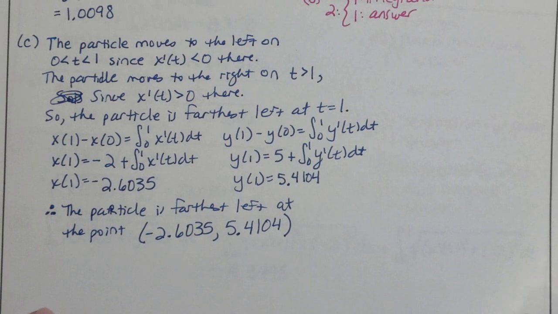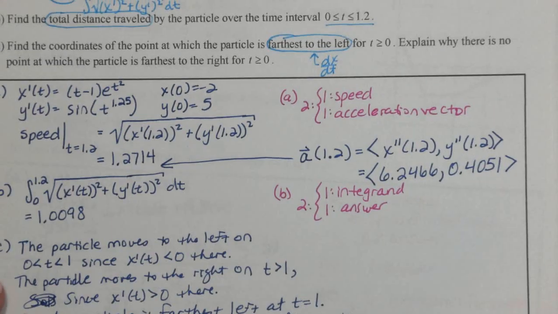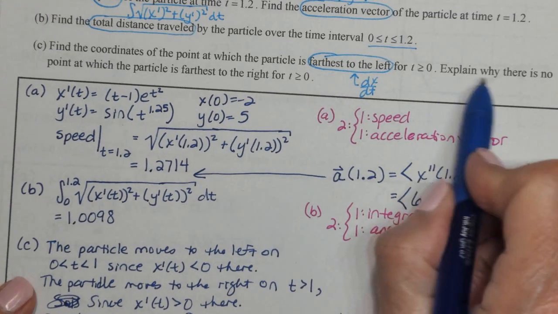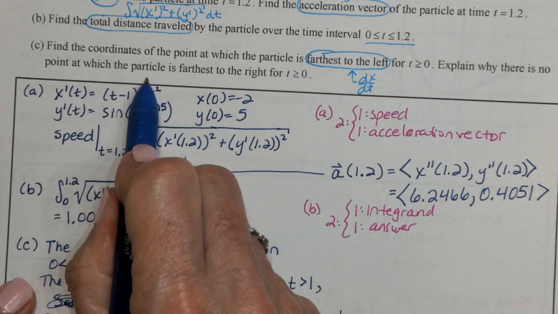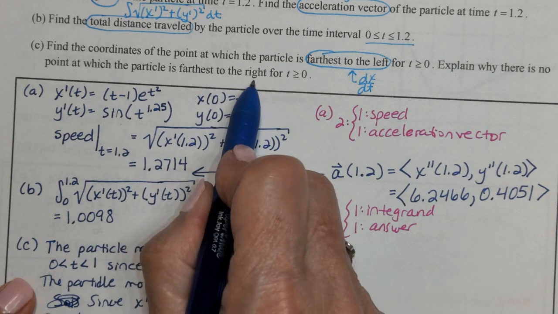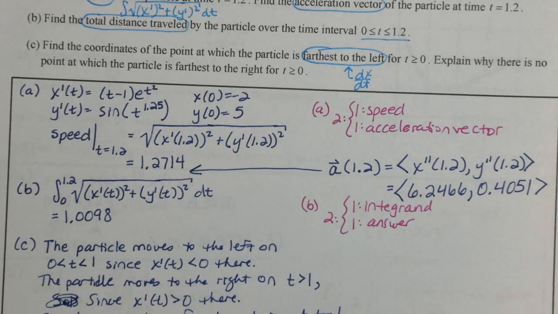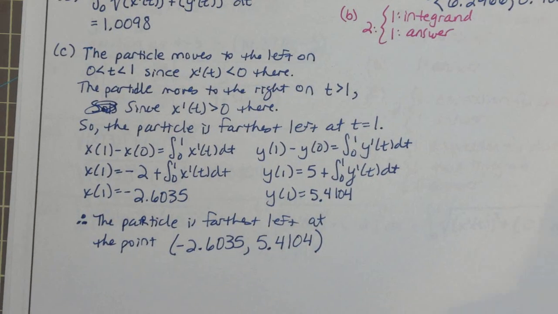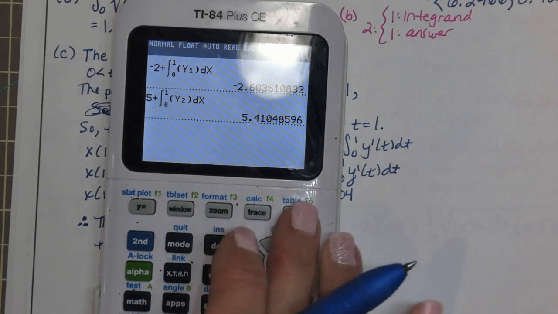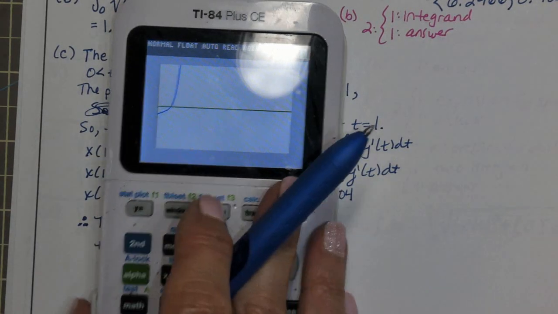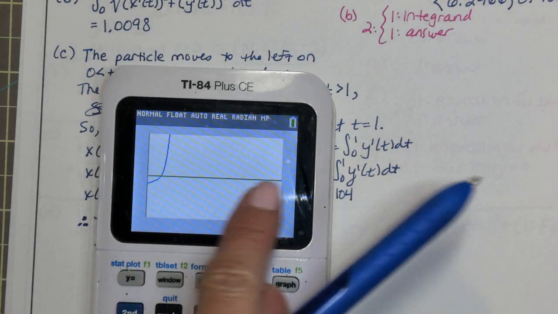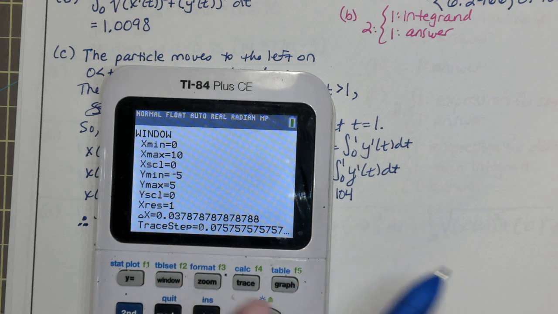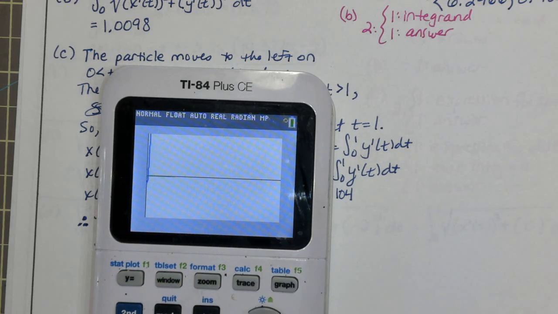Okay, I've answered that question, but there is more here. Explain why there is no point at which the particle is farthest to the right. The answer to that is the x prime graph. I only went to 10, but I'm guessing if I went to 100, it would never come down.